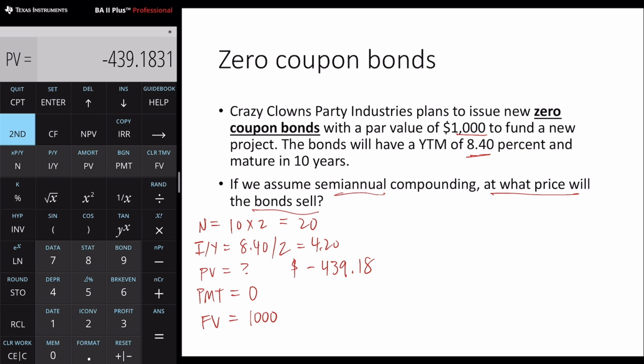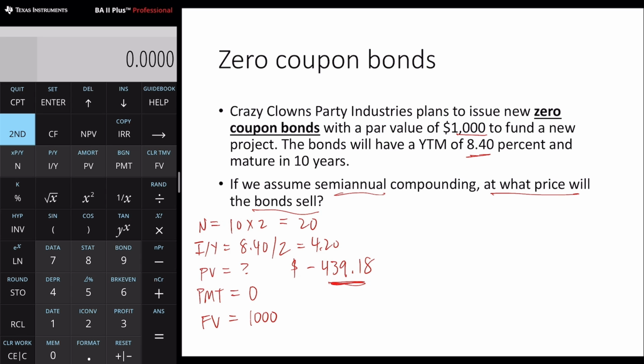So, one thing that I could potentially ask you is, if the Crazy Clowns Party Industries company wants to raise $100,000, how many bonds do they have to sell if they're zero coupon bonds like this? In this case, each bond has a par value of 1,000, but the company can only sell it for $439.